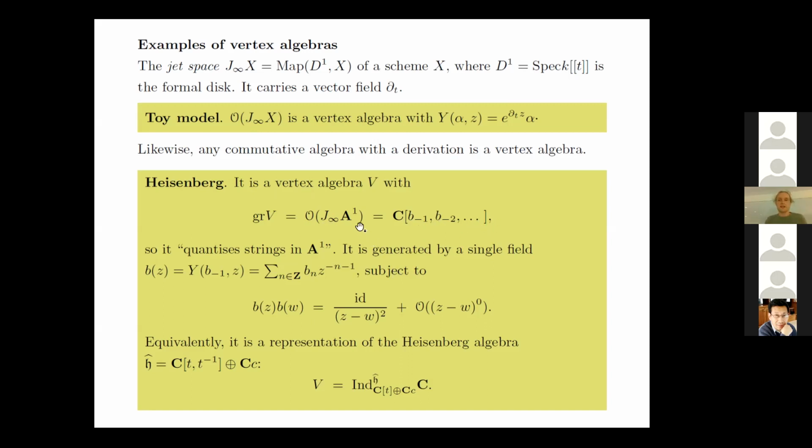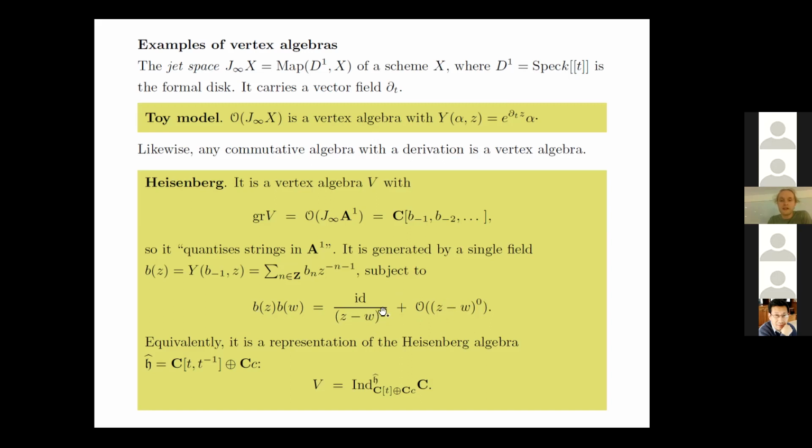So just as there are generators and relations definitions for algebras, there are also generators and relations definitions for vertex algebras. So we have this vector space, and to define a vertex algebra structure on it, it is enough to say that it is generated by a single field, which will be b(z), the field of this element B of -1, subject to these OPE relations.